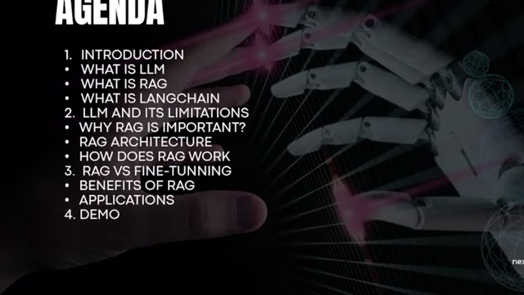Do we need to fine tune our large language model, or do we need to create our RAG so that it can do our job? Then the benefits of RAG: if you utilize RAG, how it's going to help you and facilitate you. Then we'll talk about the applications, and in the last we'll have a demo where we'll do the practical implementation of RAG.